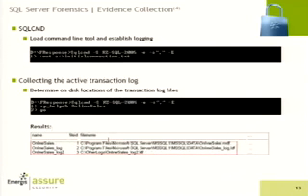Within the results here, we can see that the MDF file, which is a data file we discussed earlier, is located in the default directory. The log file with the LDF extension is located in the default directory, but there's also an additional log file in a non-default directory. So it's a good example that data files can be located anywhere on the operating system, and you need to understand where they're located prior to acquiring the evidence.